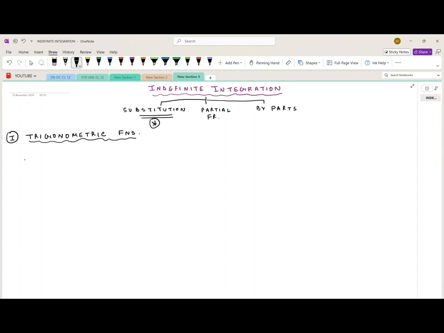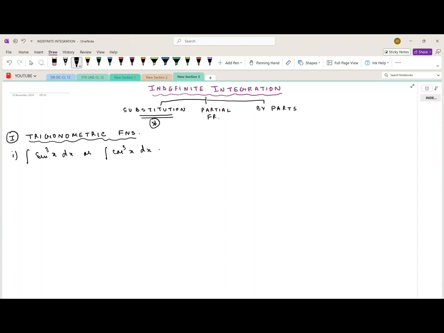Okay. So if you have sums like sine cube x dx, or say cos cube x dx, that is either only sine or only cos with a cube.